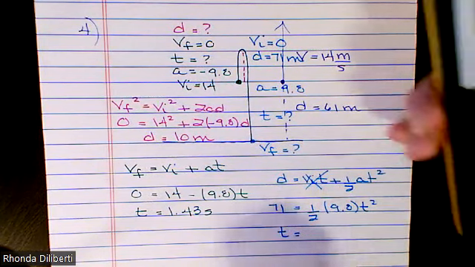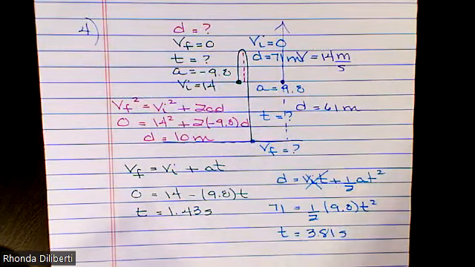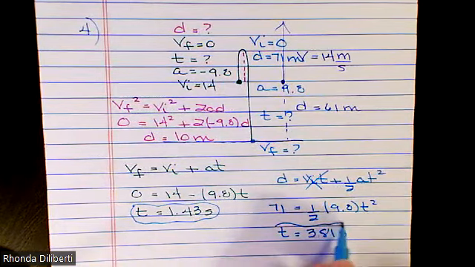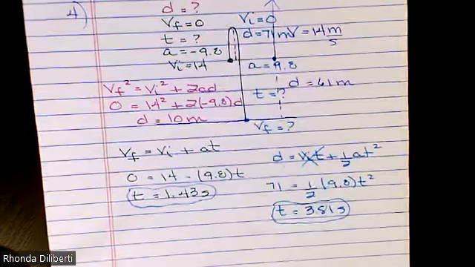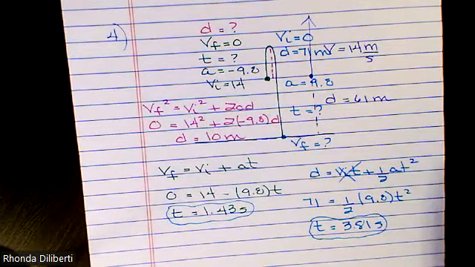And I get 3.81 seconds. So now we have the time up and we have the time down. And if we add those together, on a good day they should match the answer, 5.24. We get 5.24. All right, that's looking sweet.